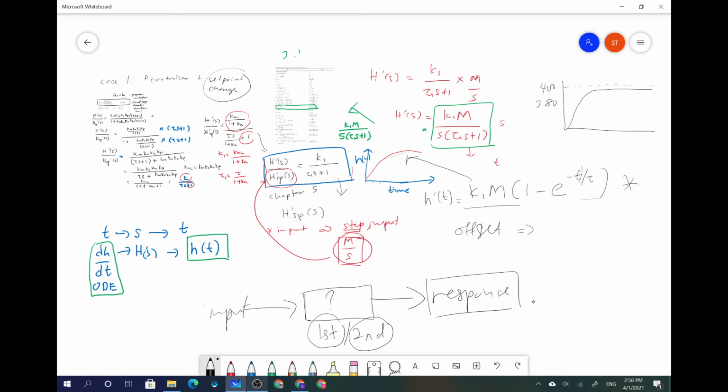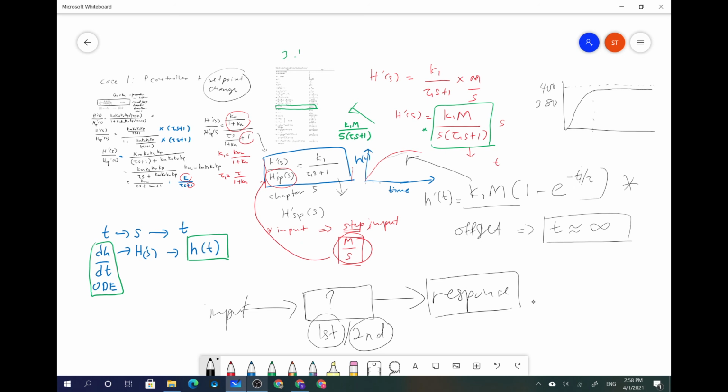To calculate the offset, we have to take the time as approaching infinity, because in reality we are not sure at what time it reaches steady state. So the best is we just take the time as infinity and then substitute.